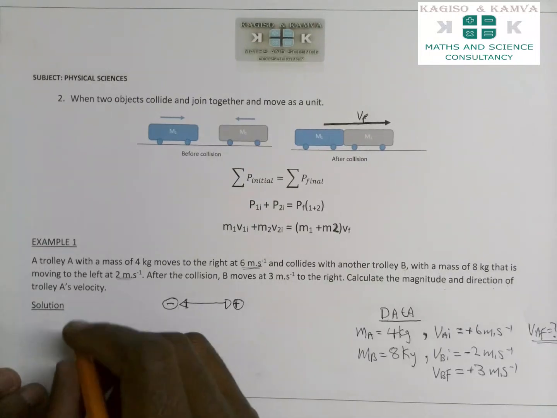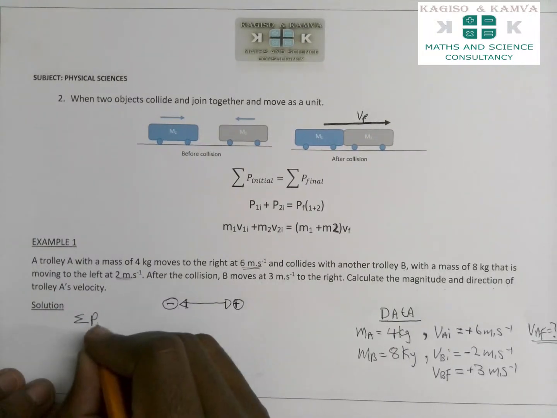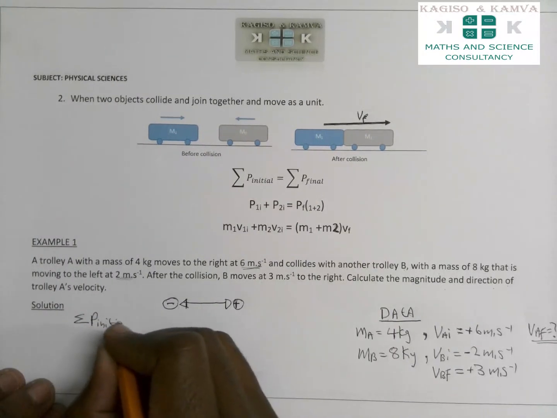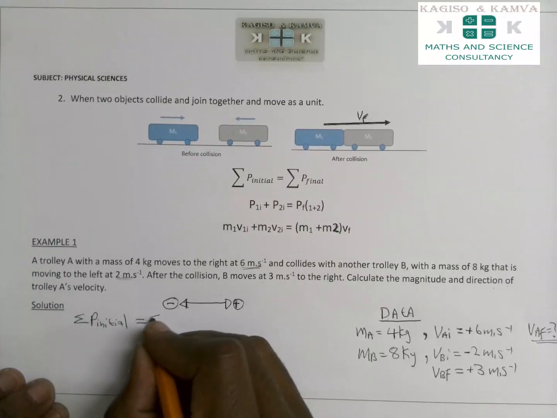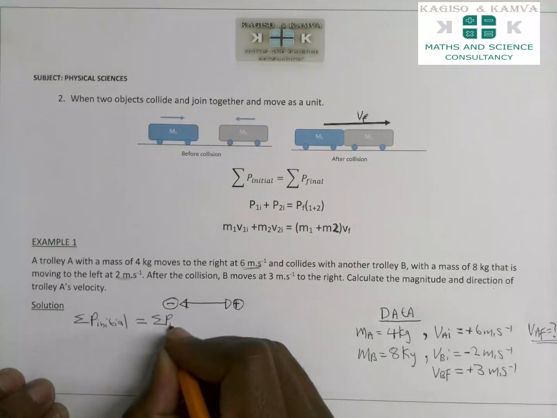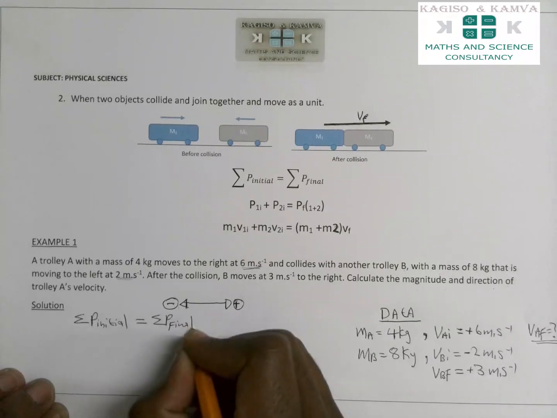We're going to say the sum of momentum initial is equal to the sum of momentum final.